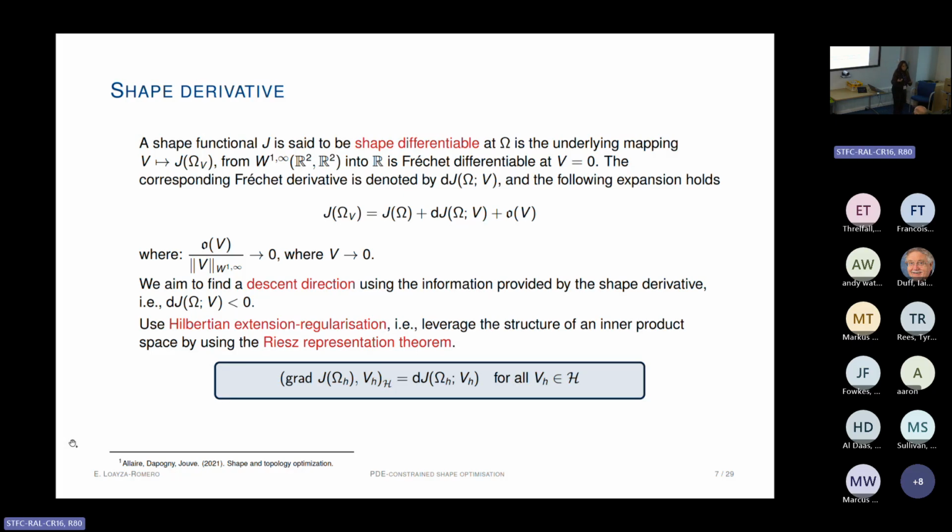If you think about plugging in different inner products there, that will mean that besides solving your state equation and possibly an adjoint equation, because it's a PDE-constrained problem, you also have to solve a PDE associated to this in order to find your descent direction. At the end of the day, these descent directions are going to be vector fields that tell you how to deform your mesh in such a way that in your next step, your function will have decreased, or we improve the value of our function.